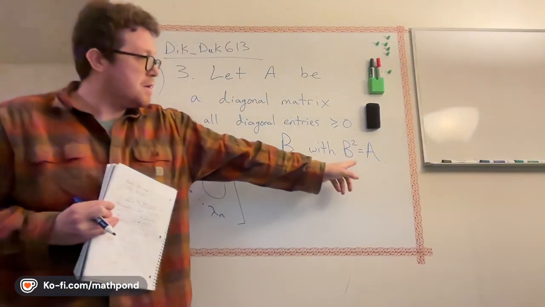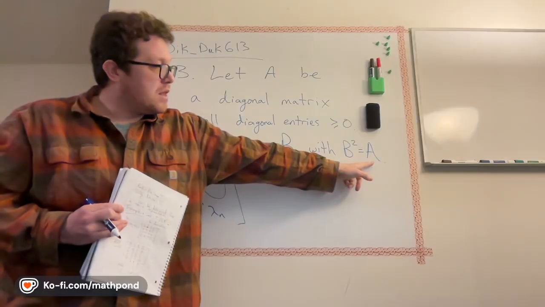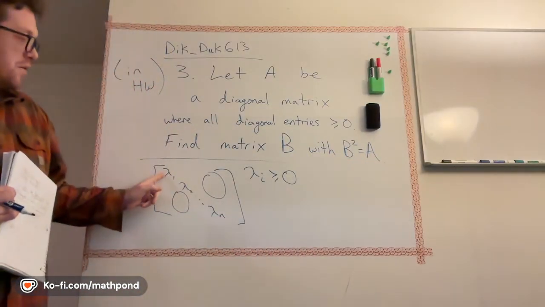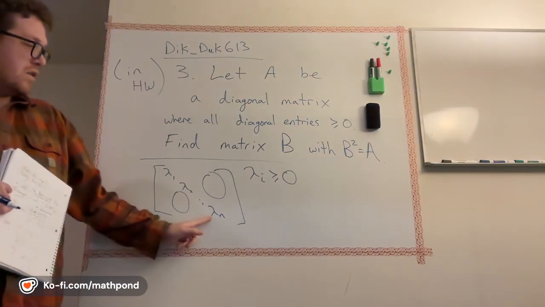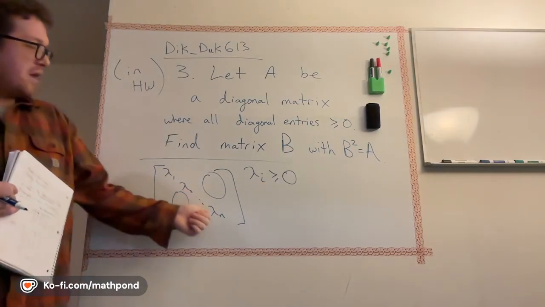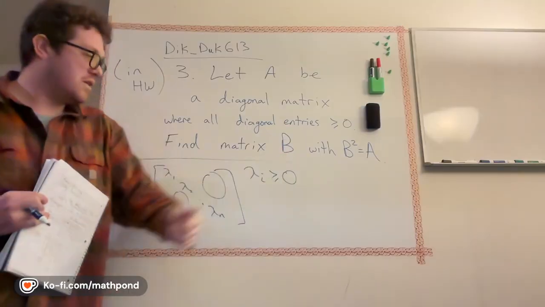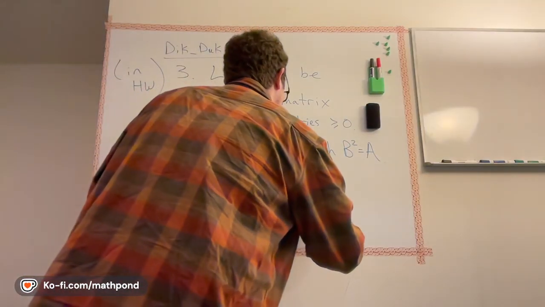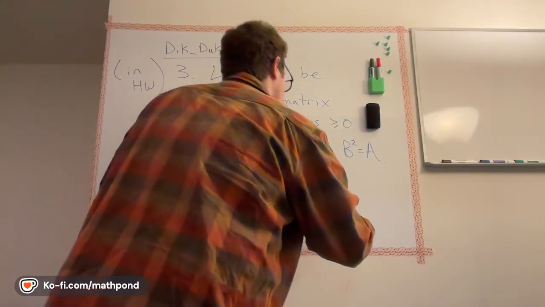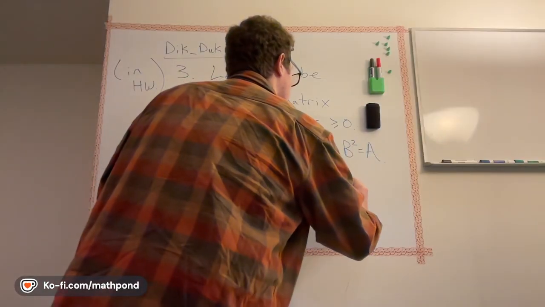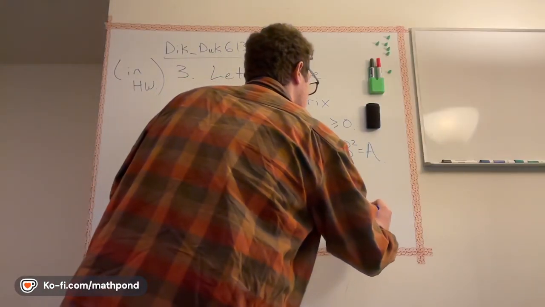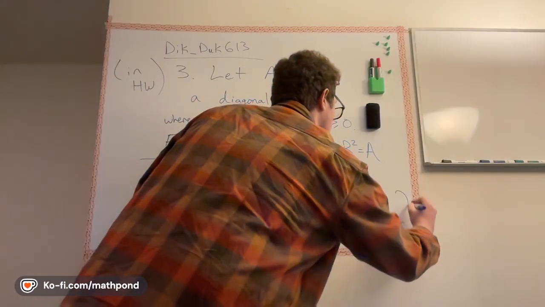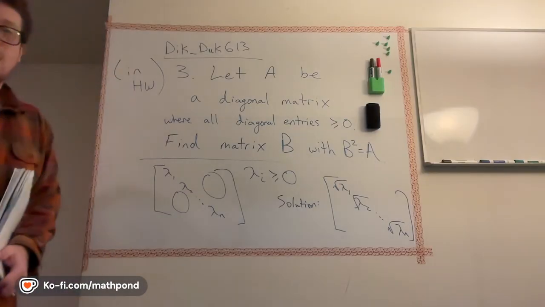So in this case, if we want a matrix whose square is A, all we have to do is take the square root of all these positive numbers, or non-negative numbers, and then when we square that matrix, we'll get A. So really the solution is just take the square root of lambda 1, square root of lambda 2, and so on.